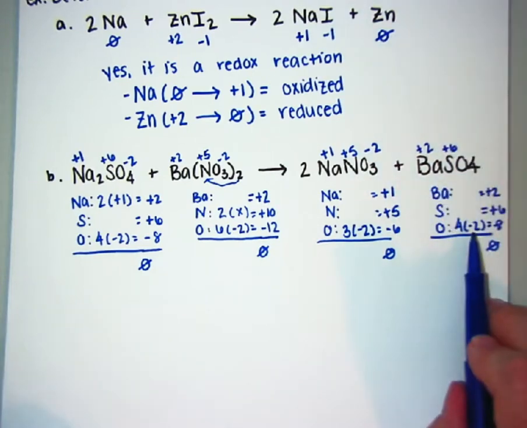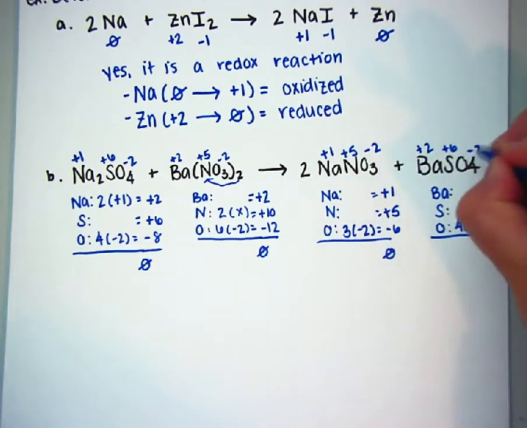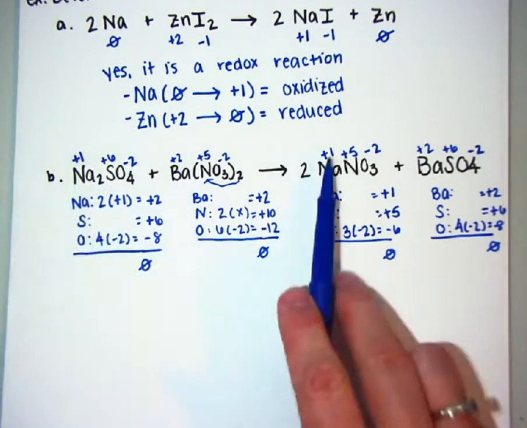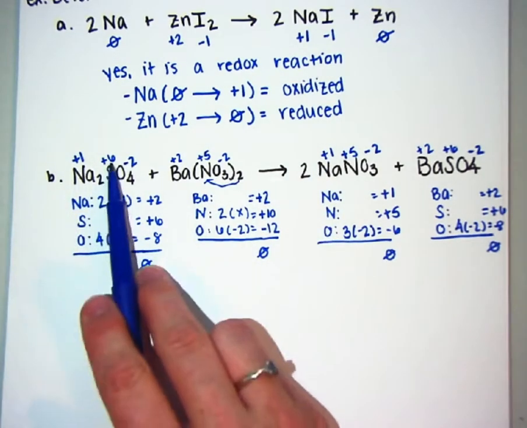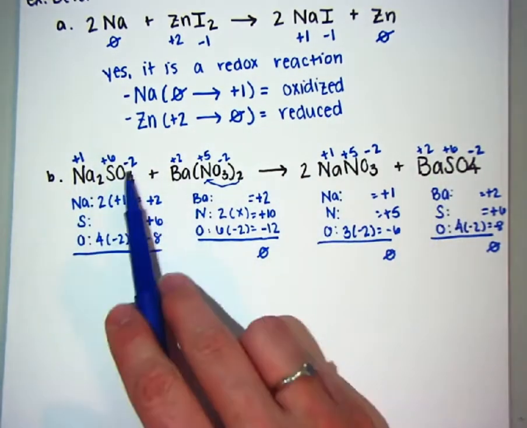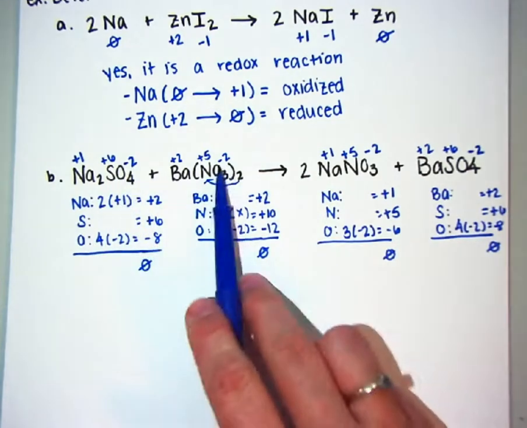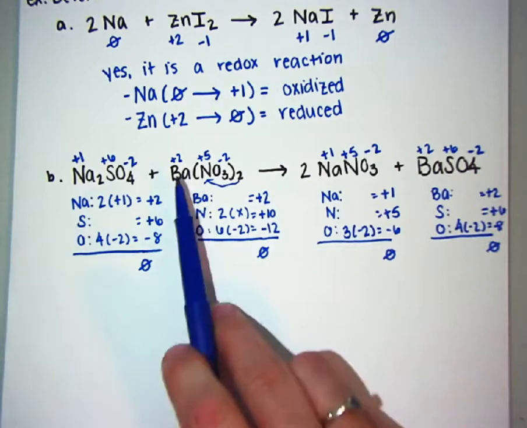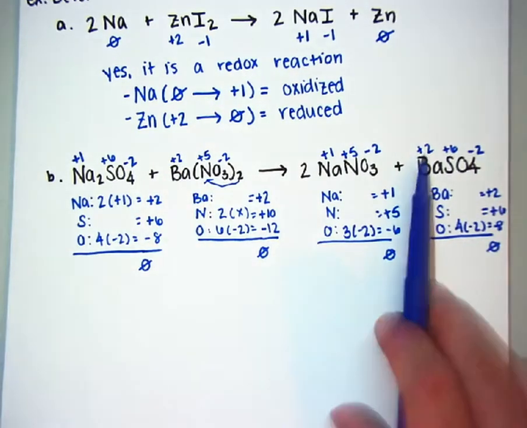Remember, you are writing the oxidation number of each individual oxygen. Each would be -2. So now that we've assigned the oxidation numbers, let's go through and see if there's a change in oxidation number. Sodium, +1, +1. Sulfur, +6, +6. Oxygen, -2, -2, -2, -2. Barium, +2, +2.